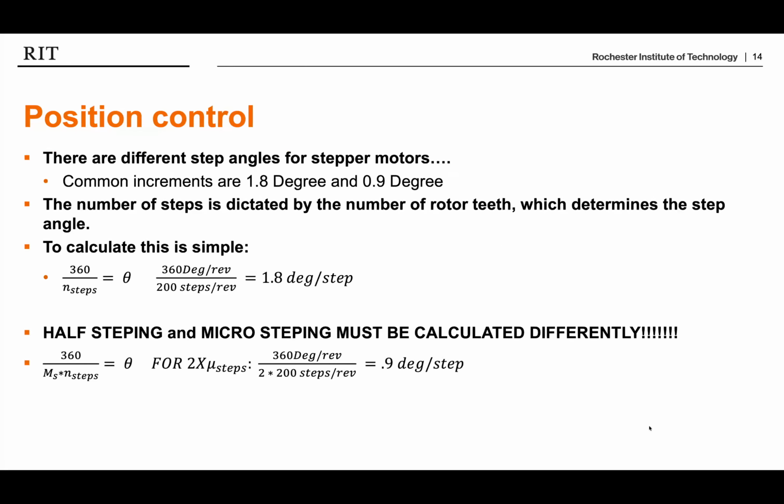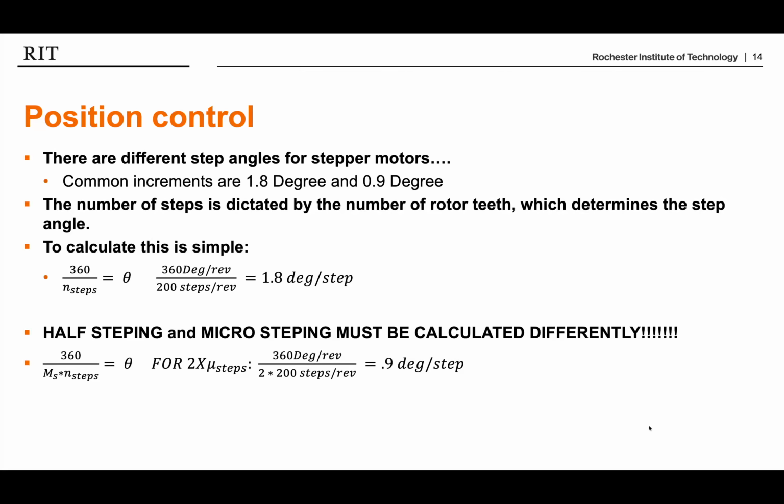Okay, the other thing we have to talk about, and I would be really remiss if I didn't, and this also is a stepper motor deal, is that most stepper motors come in increments. Step angle increments of 1.8 degrees or 0.9 degrees per step. And this has nothing to do with something called micro stepping. This is just how many steps, by design, the way they are built, these things work.